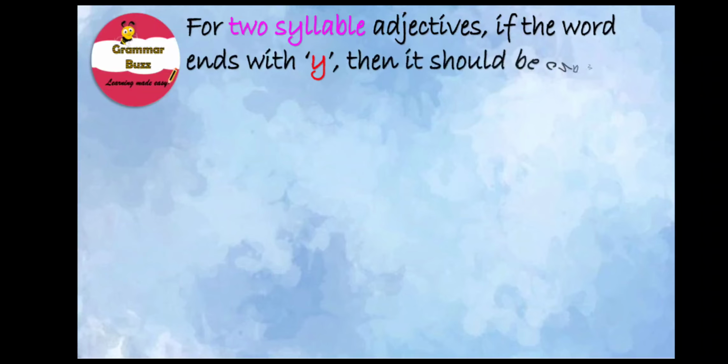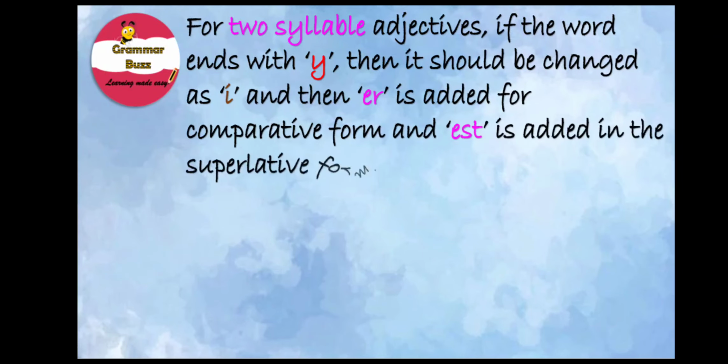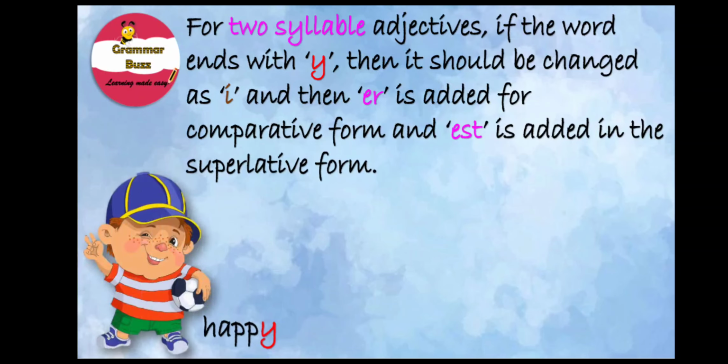Now, let's see what are the rules to form the degrees of comparison for two-syllable adjectives. And it says that if a two-syllable adjective ends with a Y, you first need to change the Y to I and then add an ER to form the comparative degree and an EST to form the superlative degree. Have a look at the example. It says happy.